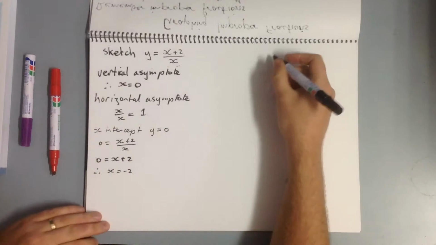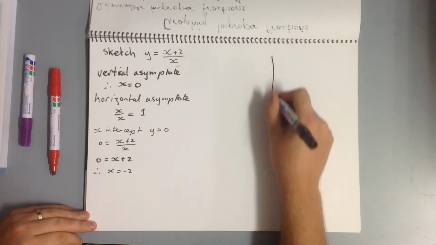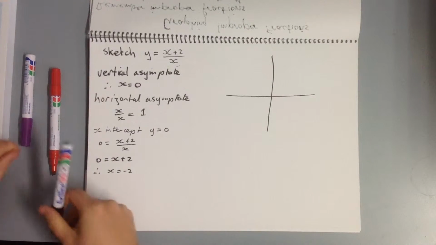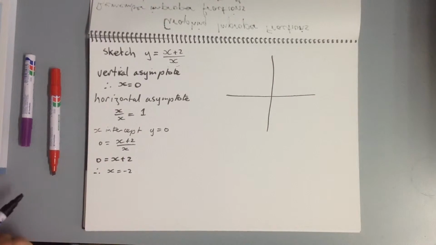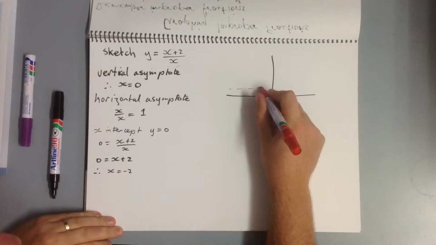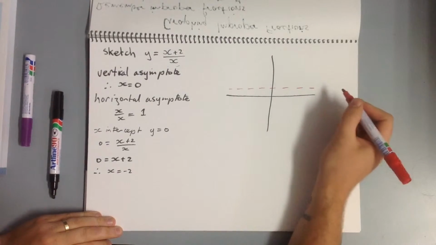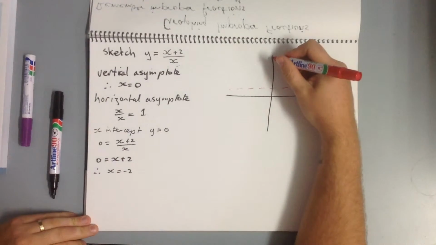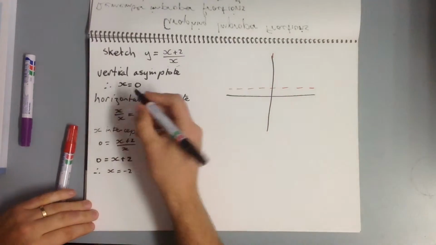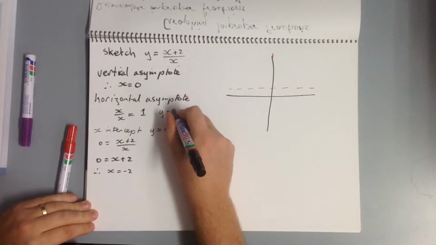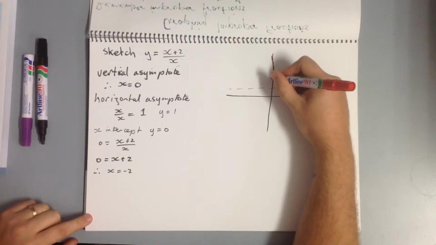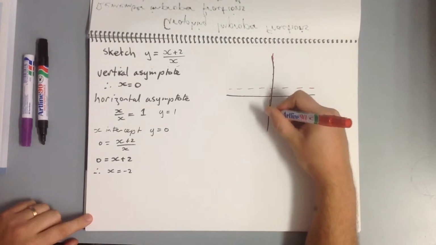So we draw our axes. We've got a horizontal asymptote at y equals 1, and our vertical asymptote is at x equals 0, so that's just going to be our y-axis.